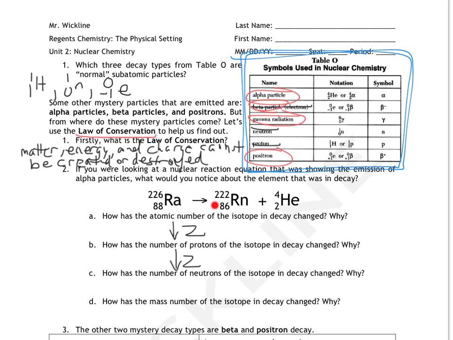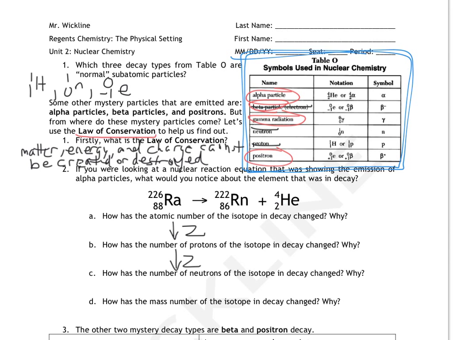And it's saying that it's really law of conservation because 86 plus 2 is 88. We're showing that matter cannot be created or destroyed or charged. Now, in terms of the number of neutrons, it's a bit harder. There's 2 ways to solve this, and I think the easiest way is to check out the fact that the alpha particle has a mass of 4 and it has 2 protons.